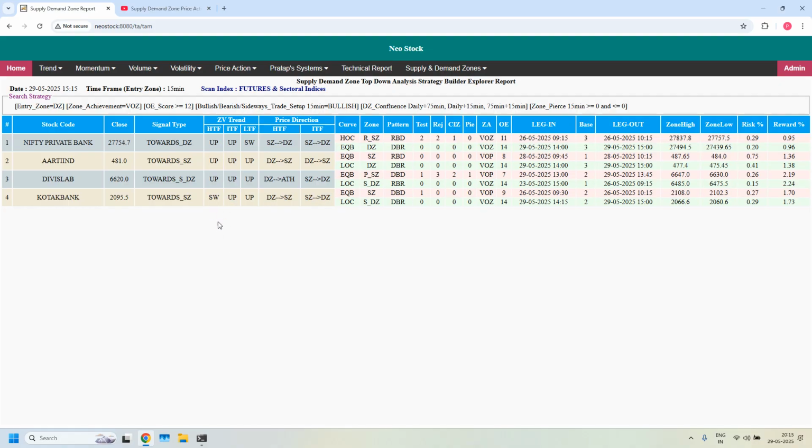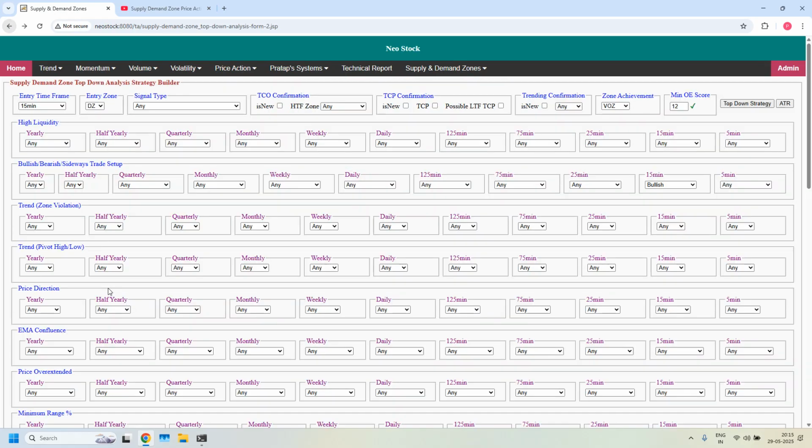The last one is sideways, ignore that. In the remaining 3 stocks, if any daily demand zone has daily EMA confluence, then these overlapped 15 minutes demand zones might have a higher probability of success. That we will filter. In the EMA confluence at the daily time frame, I am checking daily demand zone having daily EMA. At the same time, the trend on the daily should not be sideways.